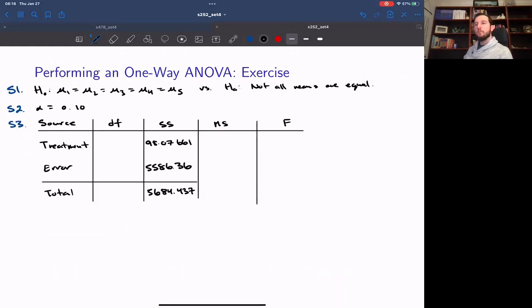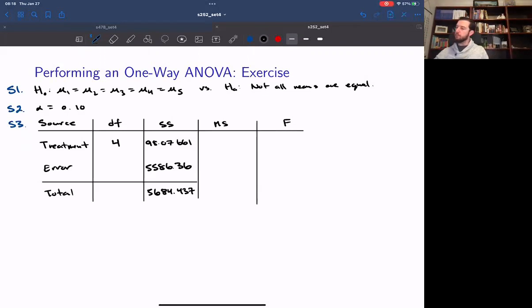Okay, now we can work out the degrees of freedom fairly easily. So the degrees of freedom for the treatment is going to be the number of levels minus 1. So we have 5 levels. So 5 minus 1 is going to be 4. The degree of freedom total is going to be the total sample size minus 1.